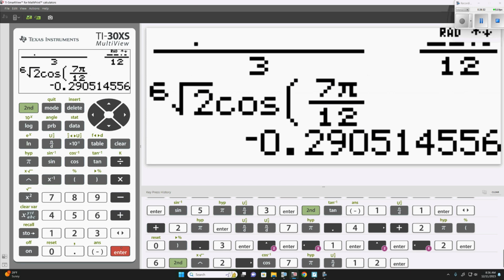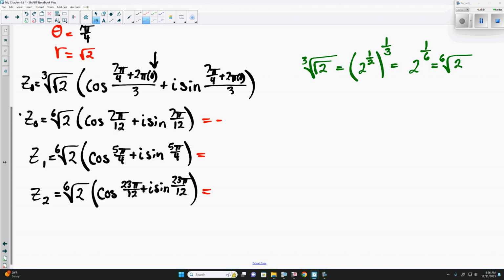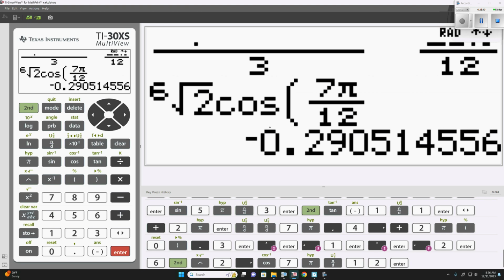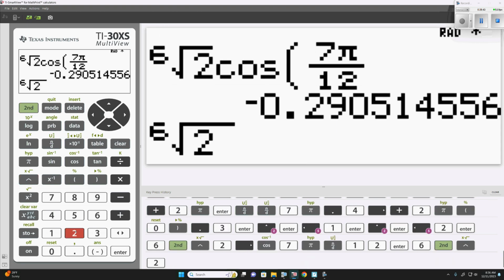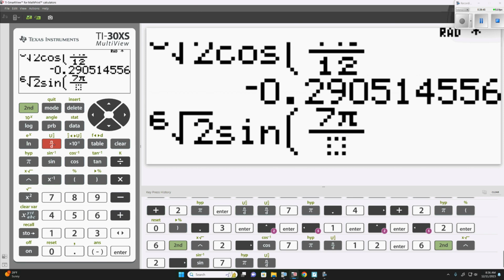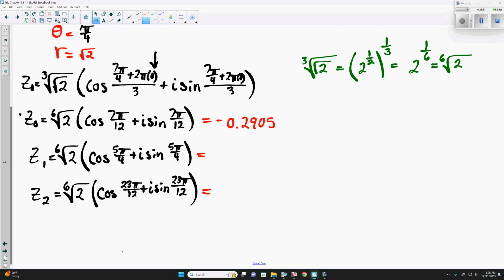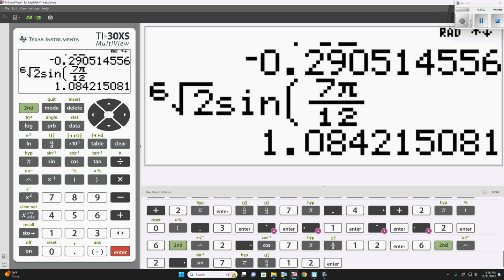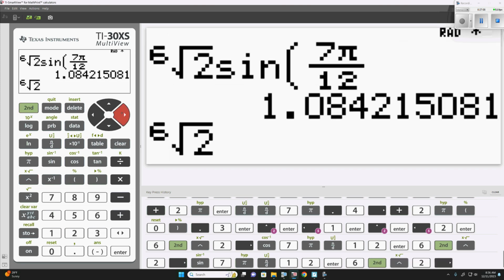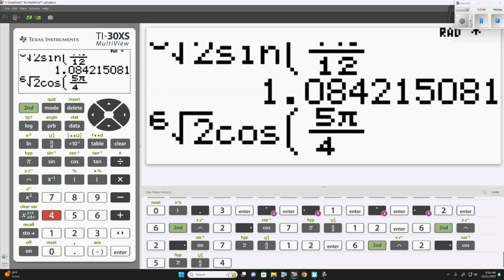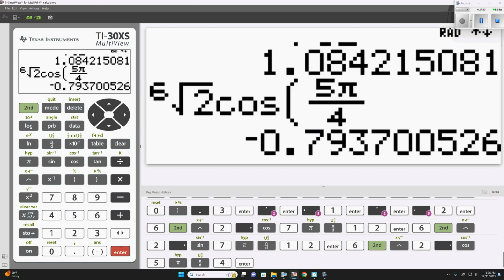Negative 0.2905. I'll say the 6th root of 2 sine 7 pi over 12, 1.0842. And then we'll move on to 5 pi over 4. Negative 0.7937.